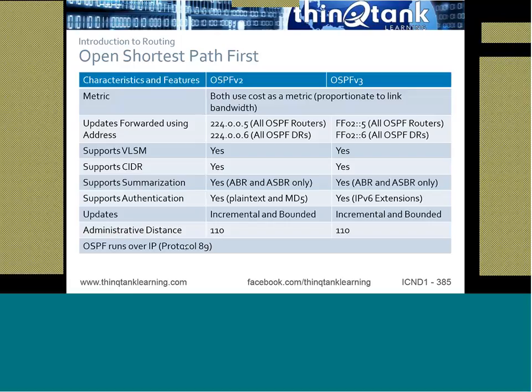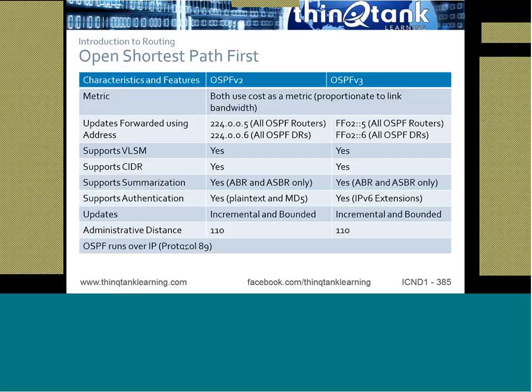They both support VLSM. They both support classless interdomain routing. Actually, technically, it's not really a term we talk about with OSPF version 3 because there really isn't any such thing as classful or classless in IPv6. They both support summarization.